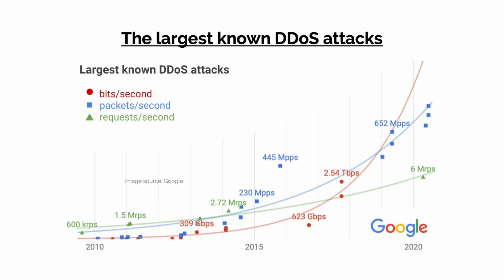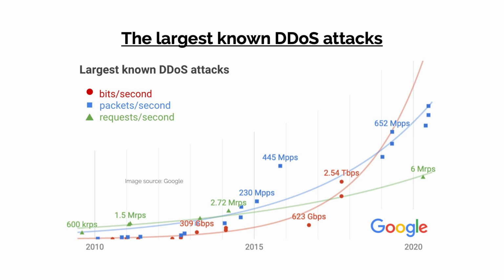And you can see this illustration of the largest denial of service attack, summarized by Google. The largest attack can reach about 2.5 terabits per second. This is very big. In one campus, maybe they only support about 100 gigabits per second, right?